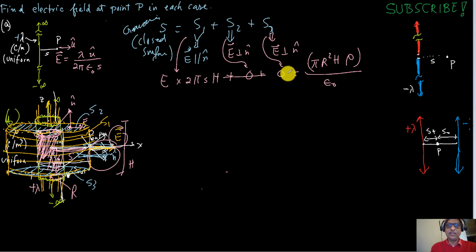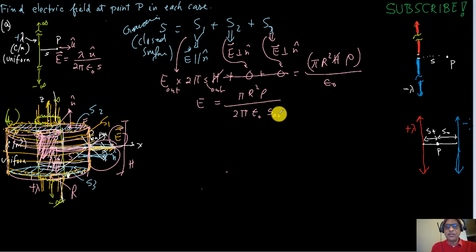And so you can see this h goes away, and the electric field magnitude at the outer point, s out, because we're talking about this surface, is pi R squared rho over 2 pi epsilon naught s out. Of course you can cancel the pi's, and you have rho R squared over 2 epsilon naught s out.